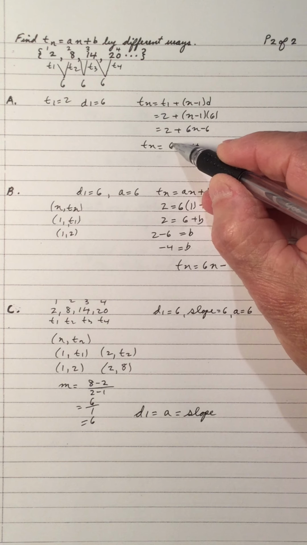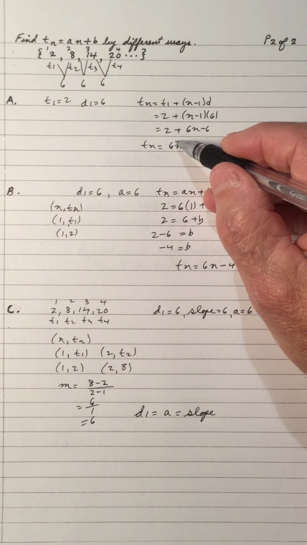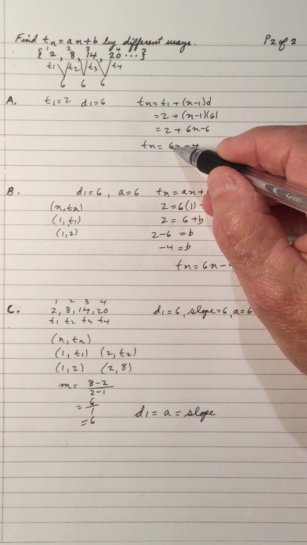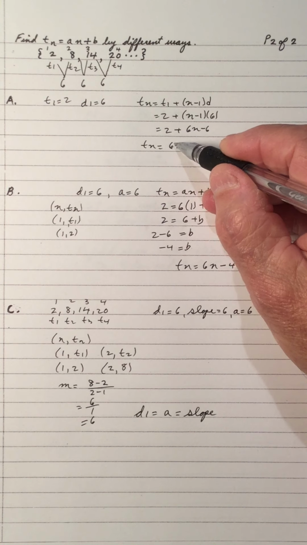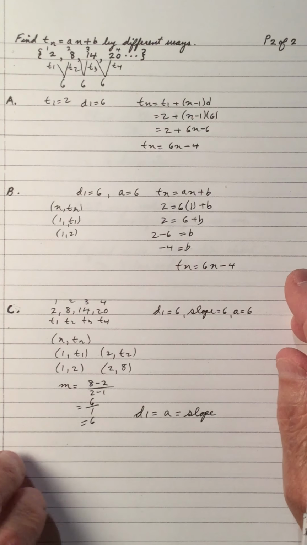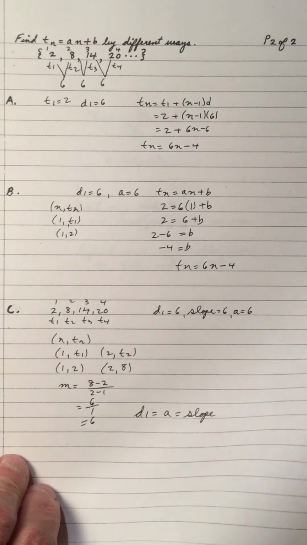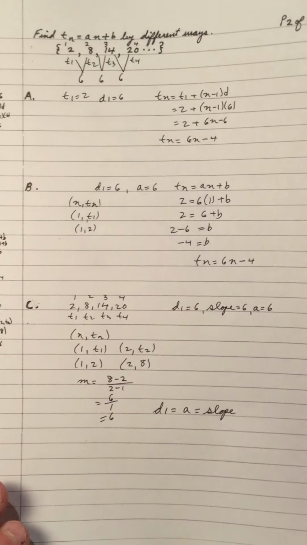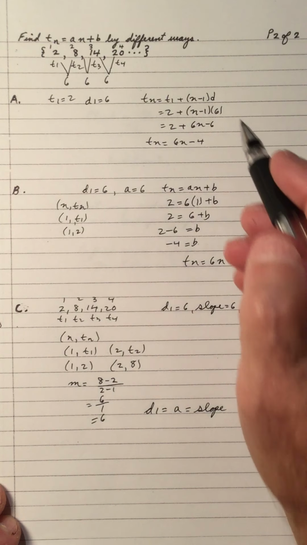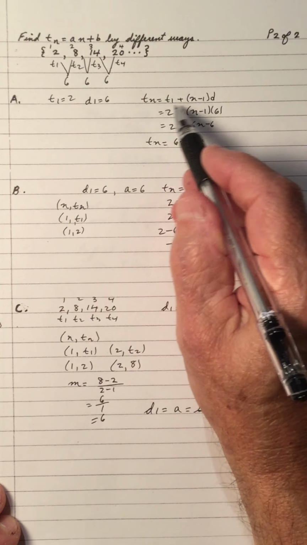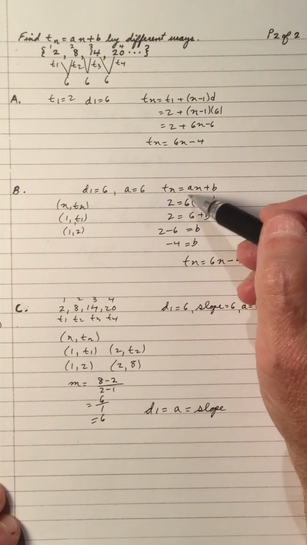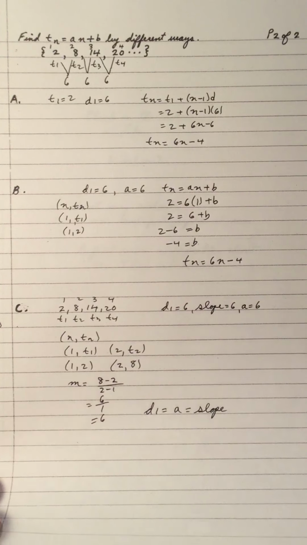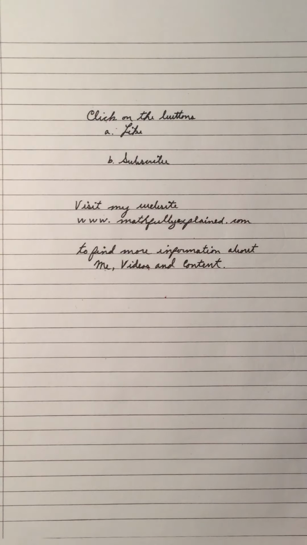That 6 is the A value in the equation, that 6 is the slope, and that 6 is the D1. We did that in the previous video. So that's reviewing how to get the equation in different ways. The most fundamental way is what most people would do for sequences, but we can also work it out in different ways. It's good to do different calculations and different thinking.